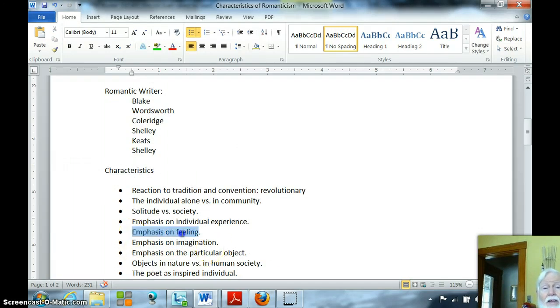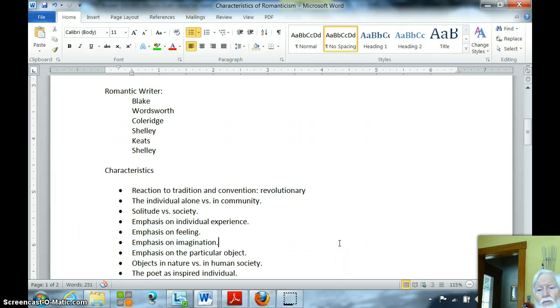And when then we are looking at individual experience in Romantic literature, there is an emphasis on feeling. That is, what the individual is feeling as part of that experience, feeling over what we might think of as rational thoughts. So again, there is then also an emphasis on imagination versus reason.